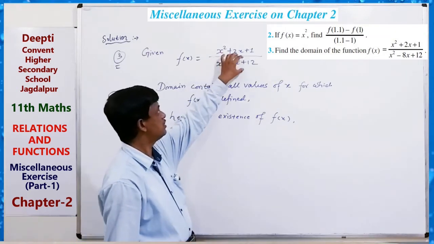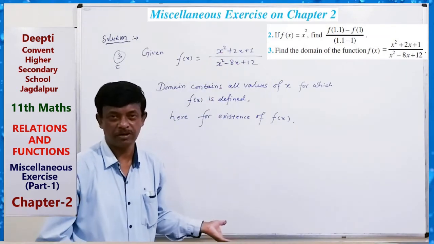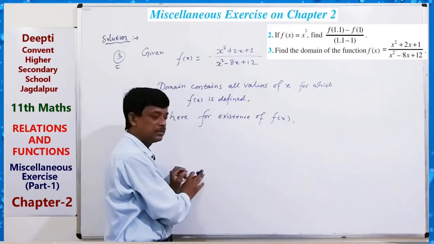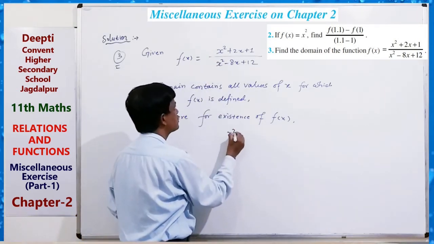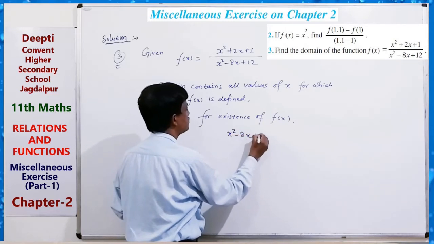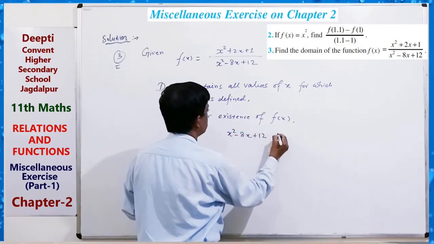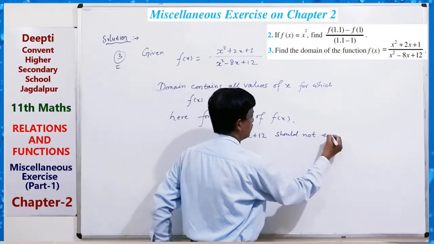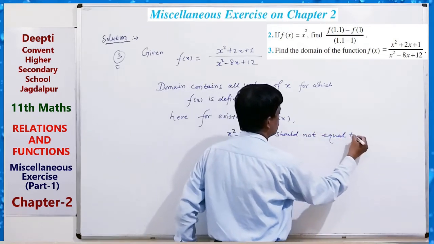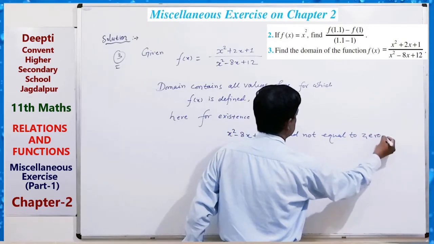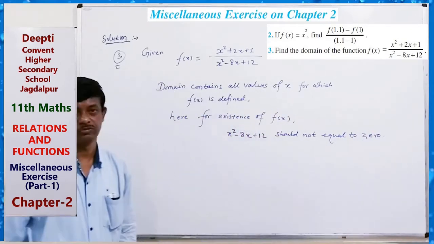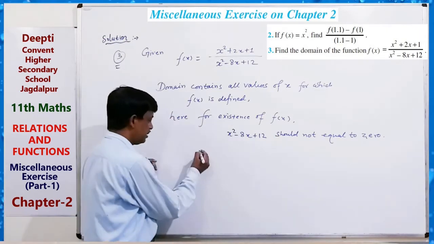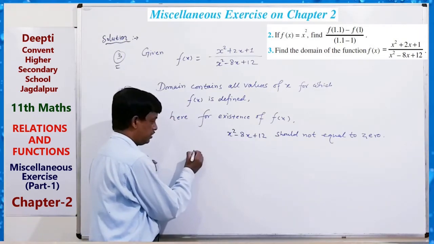But if the denominator equals 0, then it is not defined. So for existence of fx, x square minus 8x plus 12 should not equal 0.